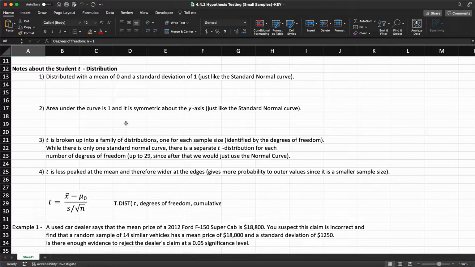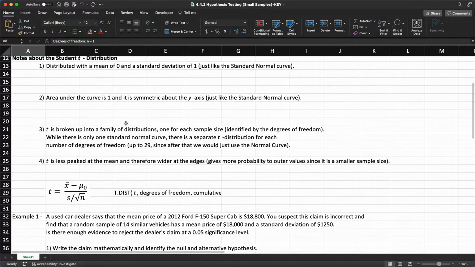So what are the big differences between the t-distribution and our standard normal curve? Well, a lot of things are the same. It's distributed with a mean of 0 and a standard deviation of 1, just like the standard normal curve. The area under the curve is 1, and it's symmetric about the y-axis, just like the standard normal curve.